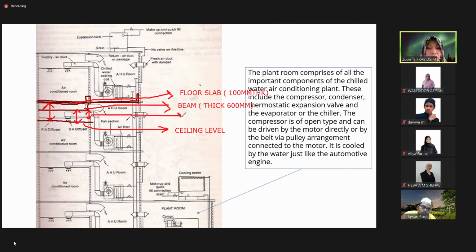I spec here is about the width, the width dia. This is example. It can be 550 mm of the ducting.